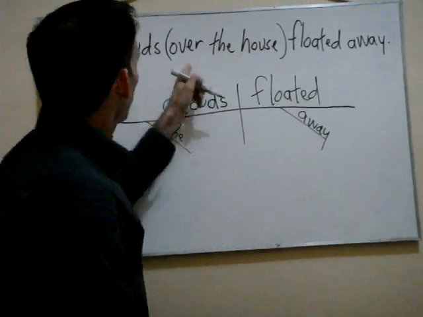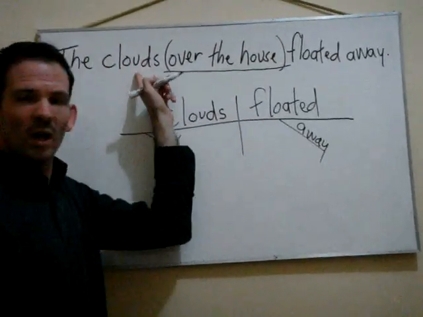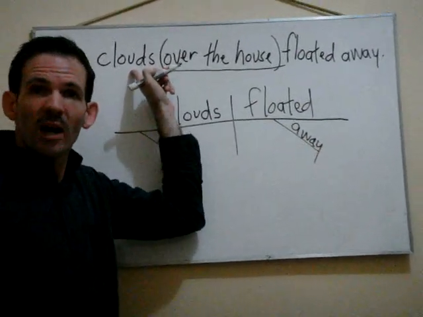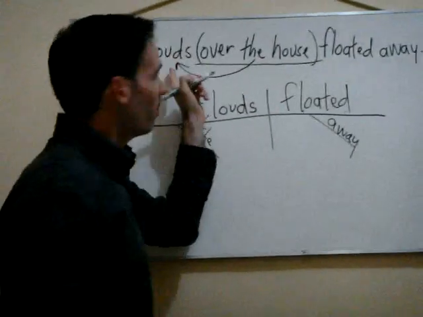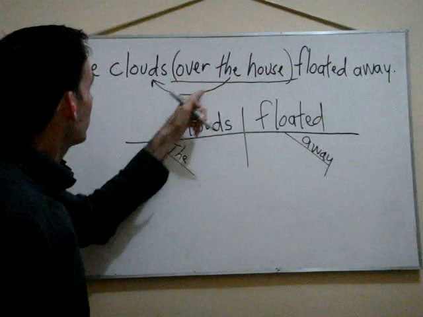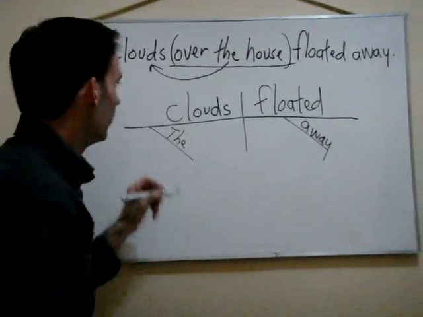Take a look. The clouds over the house. Here we're describing what clouds? The clouds over the road? No. The clouds over the house. So, since it's giving us more information about the noun here, clouds, we're going to say that it's acting like an adjective. So we're going to put it under here.